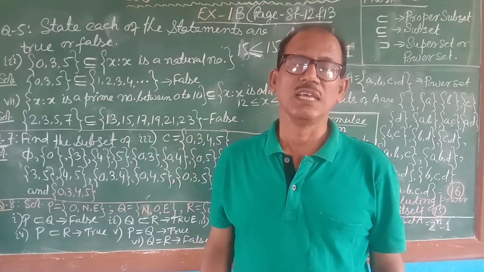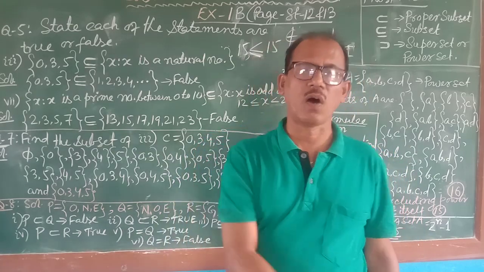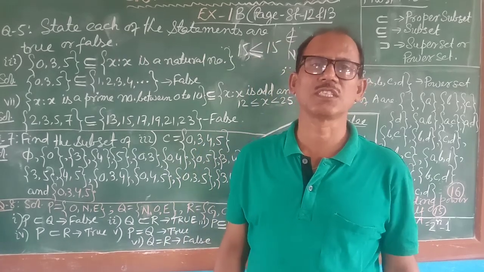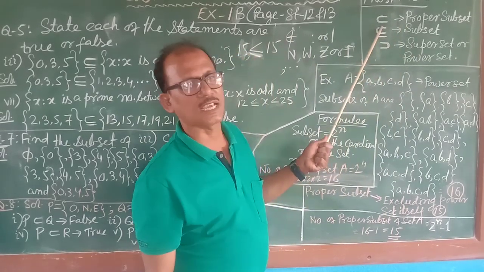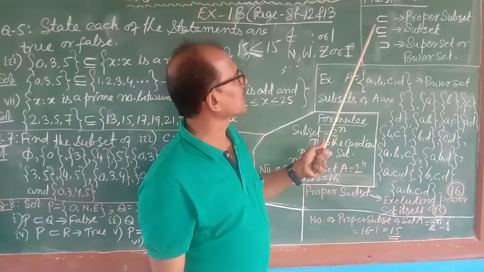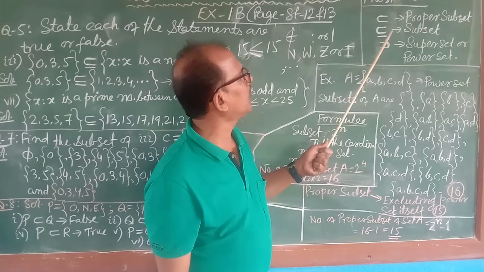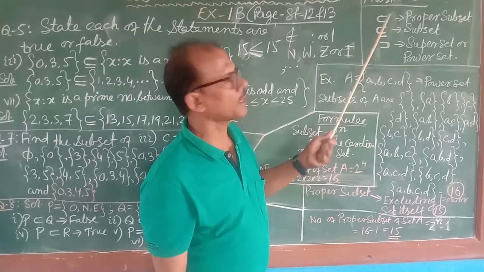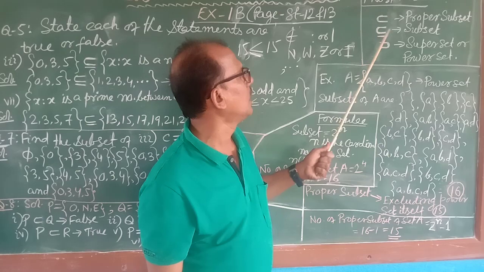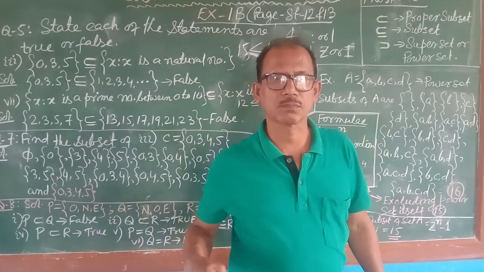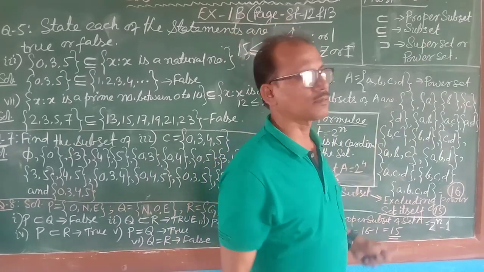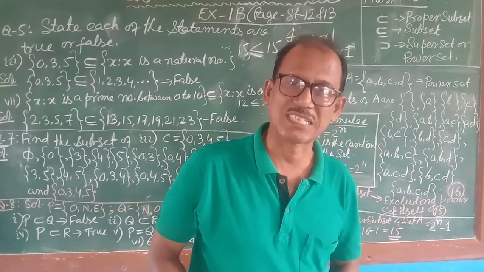Proper fraction, it will be lesser than 1. Then only it is a proper fraction. Could you understand? So subset will be symbolized by sidewise U, and sidewise U with equal to will be proper subset. Sidewise U with equal to sign will be said as subset. Proper subset and subset, try to understand distinctly.